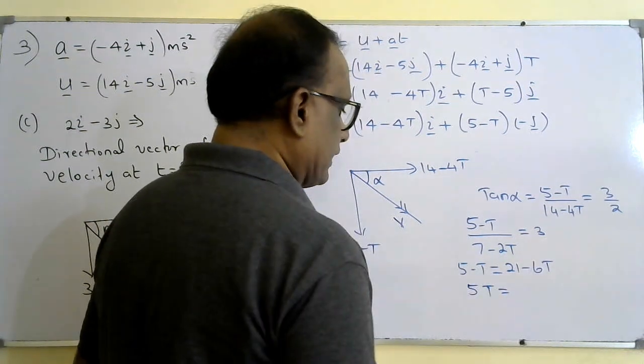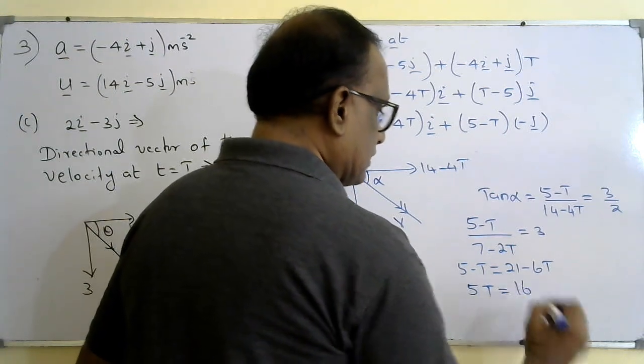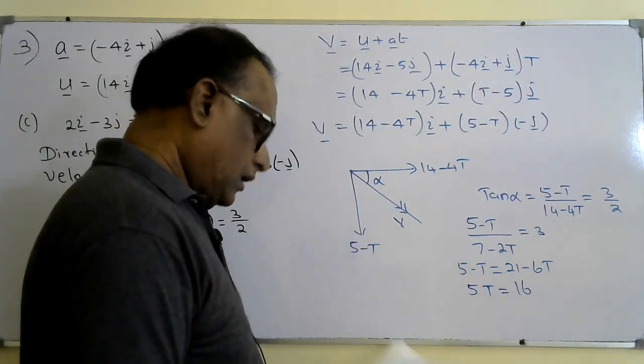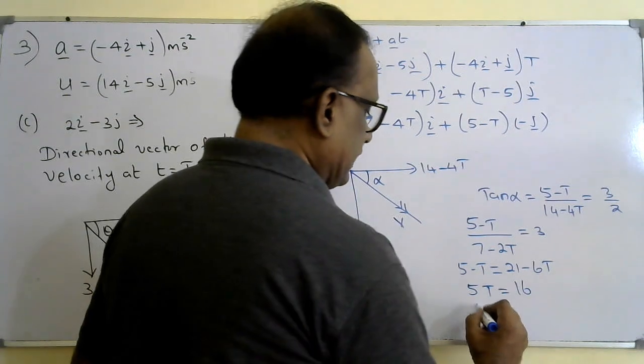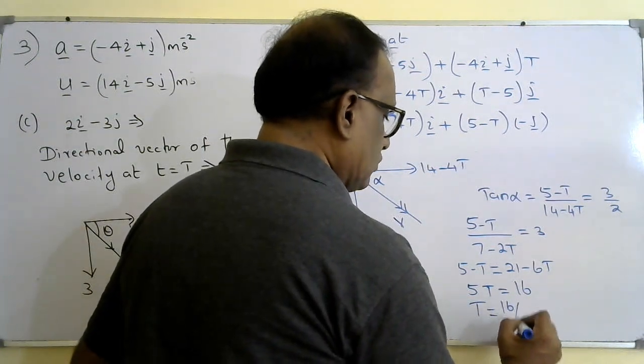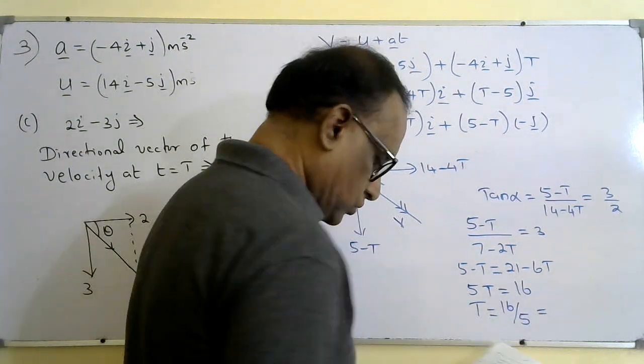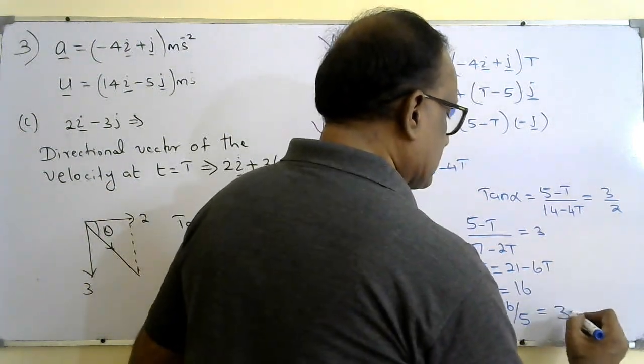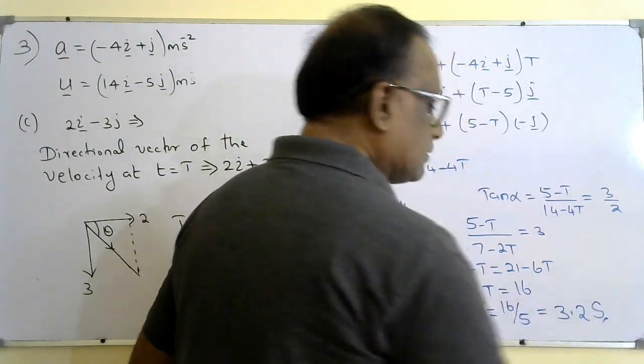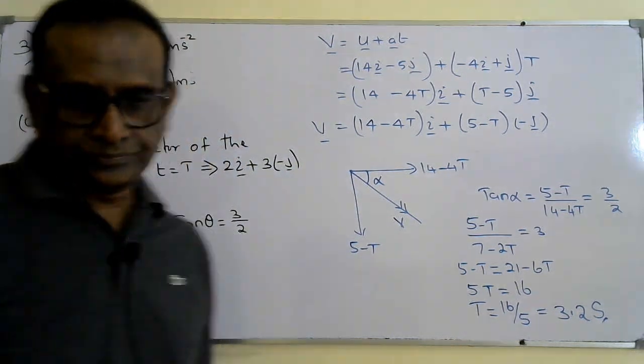Going to the other side, it will become 11. So t will be 11 over 4. Yes, t will be equal to 3 by 2 seconds.